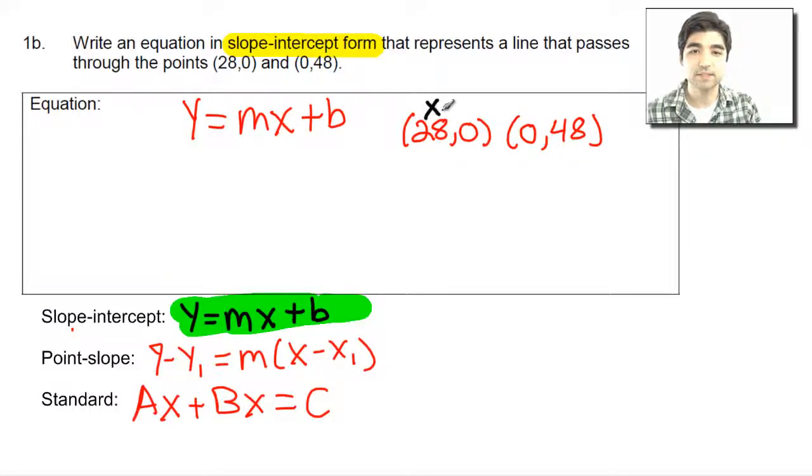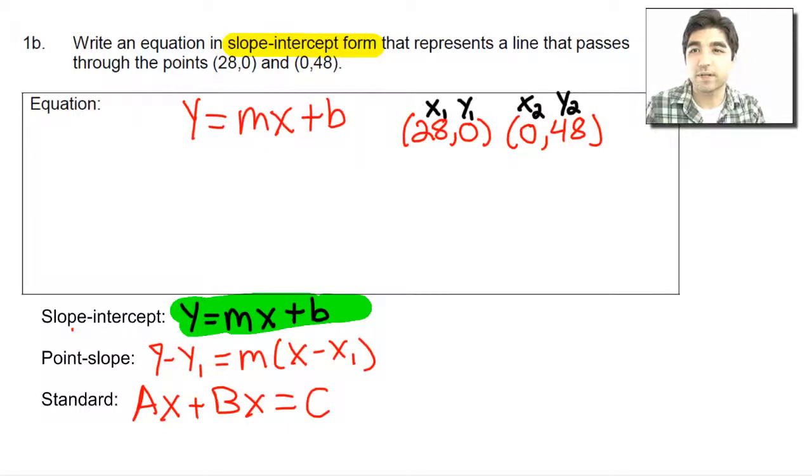So this is like x1, y1. Oh, I hate when my y does that. Stupid program. Okay, y1. And then we got x2, y2. This just helps me keep it straight in my mind so I don't get confused about my points, and that's something that I would suggest.